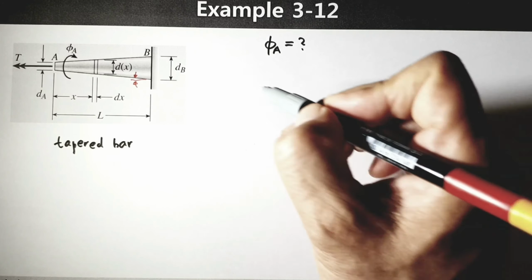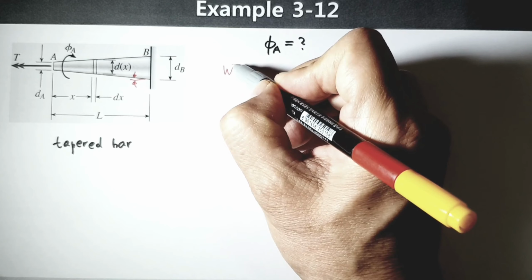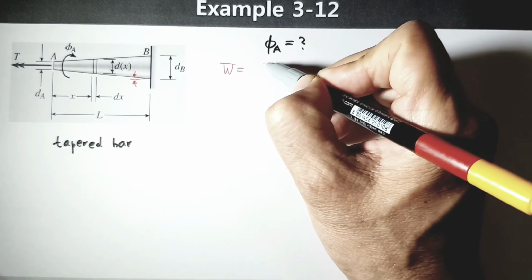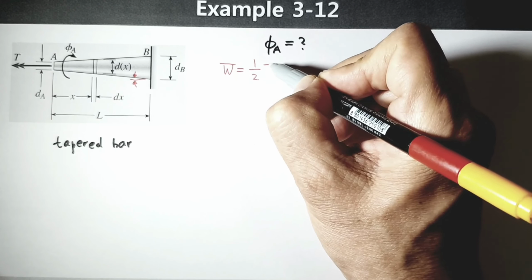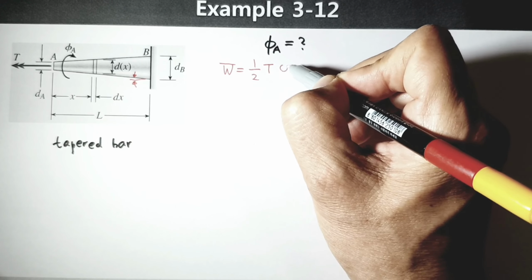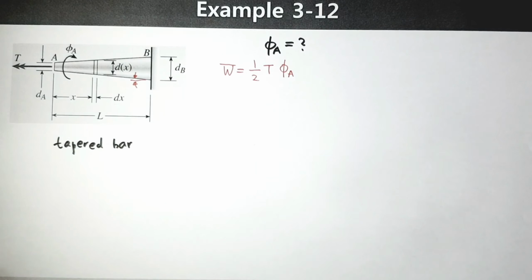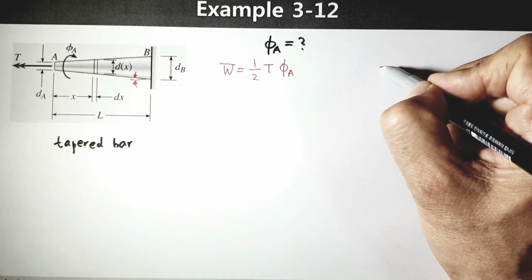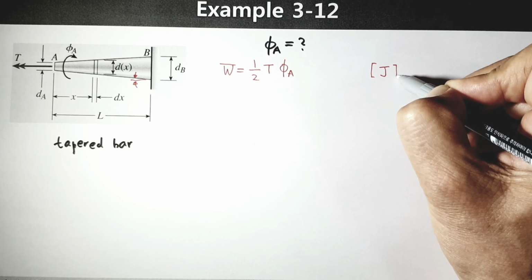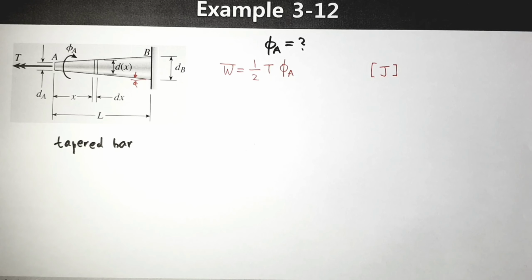The work done by torque T is 1/2 T phi A. Work is of course given in joule. This is the same as the strain energy, and we would like to find the strain energy in this case.